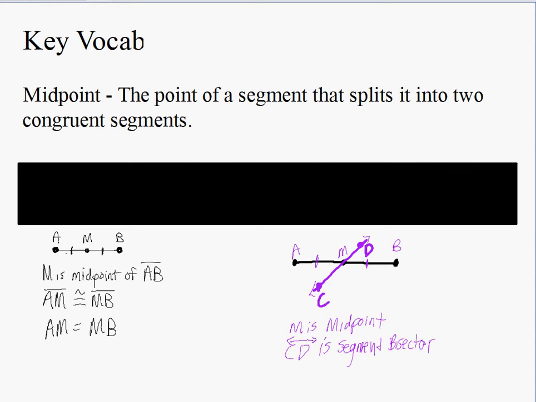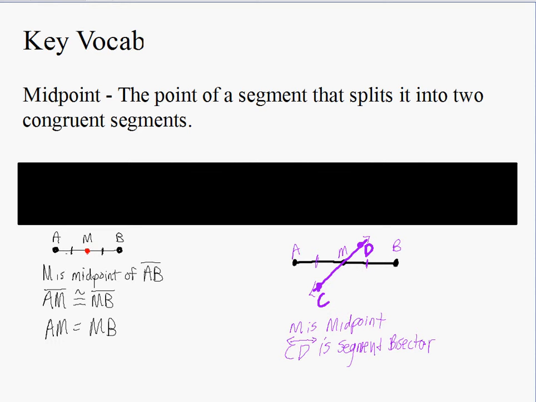Key vocab. Your midpoint of a line segment is when you have a line segment and the point that's right in the middle. When you put that point right there, you've created two congruent segments. So let's look at this picture right here. Line segment AB. I'm telling you that M is going to be the midpoint of line segment AB.